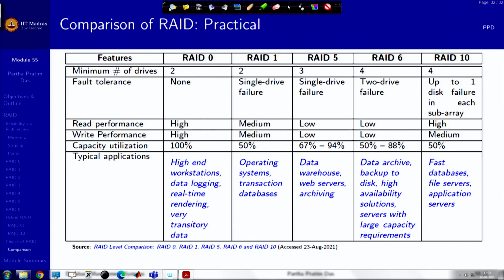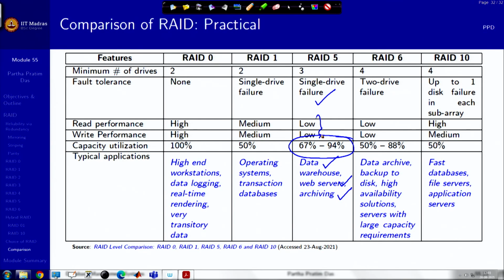Whereas when it comes to, say, data warehousing, web servers or archiving servers, you need a very high capacity utilization. That is very, very important, because they are very, very large. So, you cannot keep on spending money on having extra storage. Single drive failure is fine.